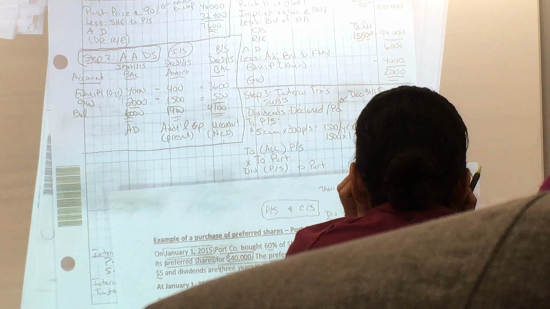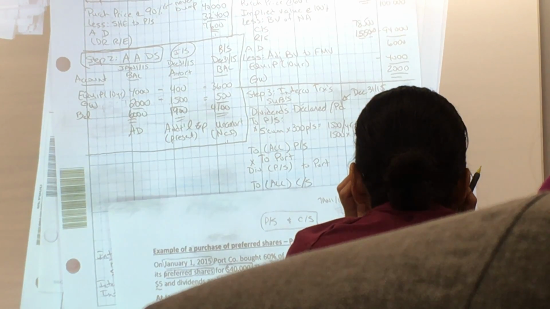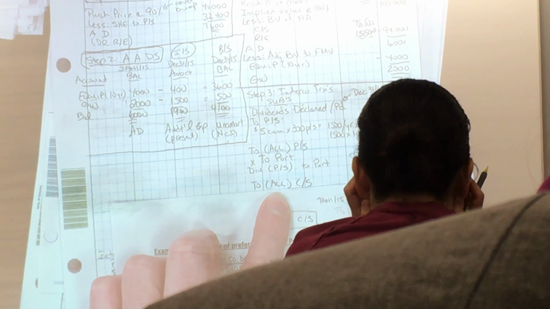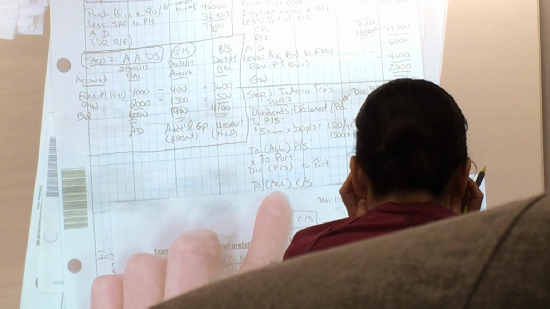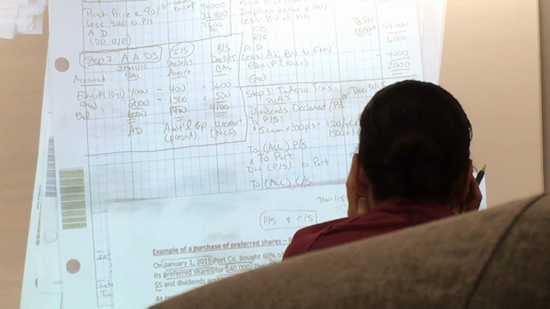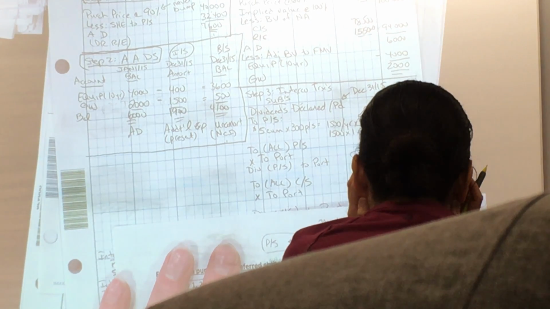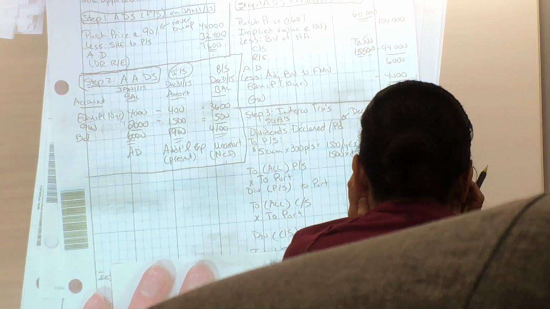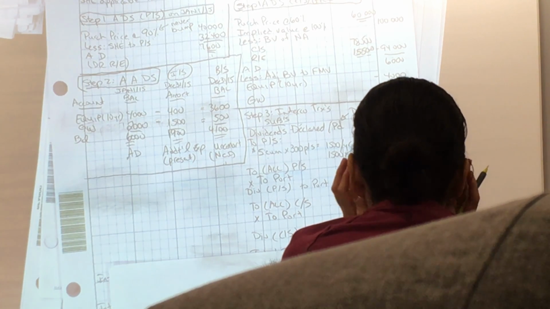But 6,000 comes off, meaning the common shareholders get $9,000 worth of dividends. 9,000 at 100%, all the common shareholders. But when we look at this for the purpose of eliminating the dividends, we pull our percentage of ownership, and we're entitled to take off 5,400 or eliminate 5,400.